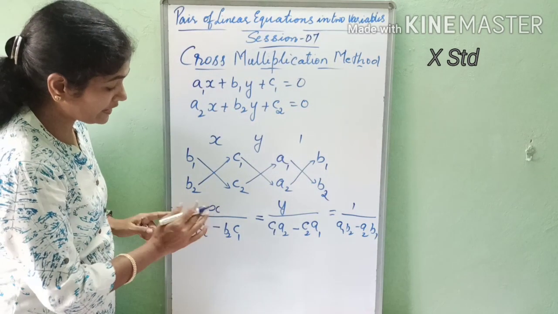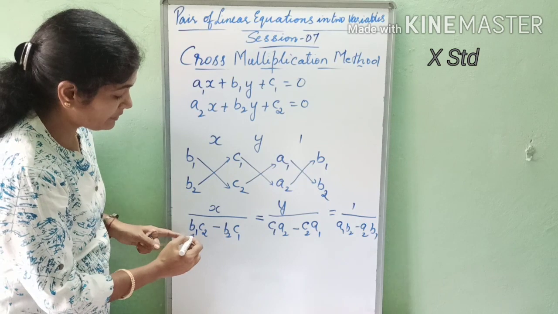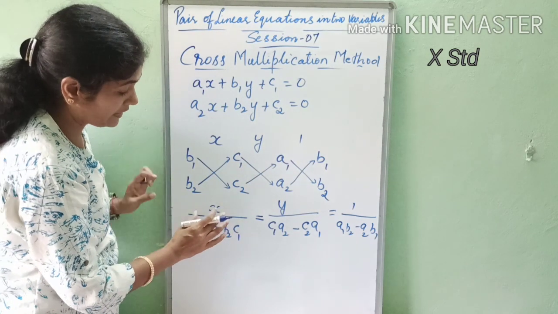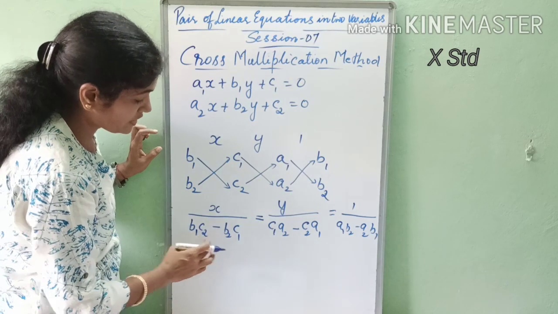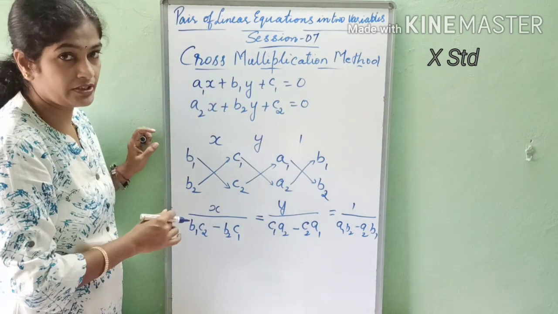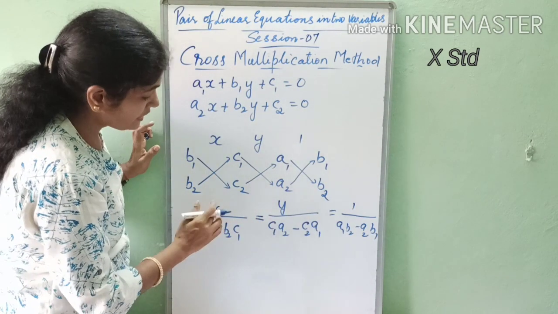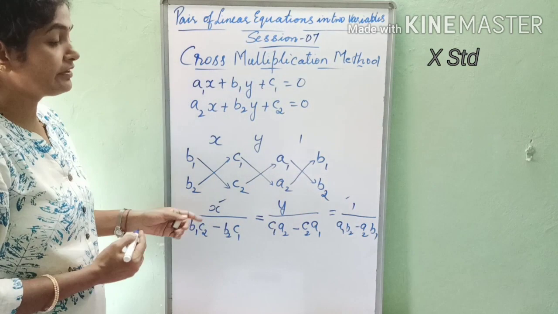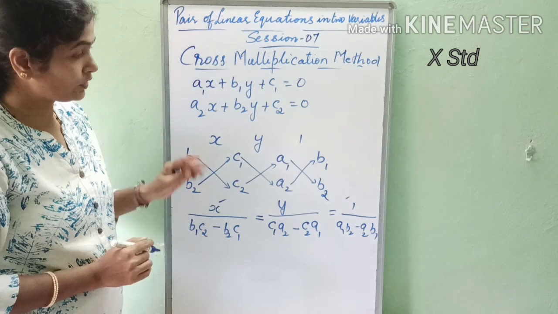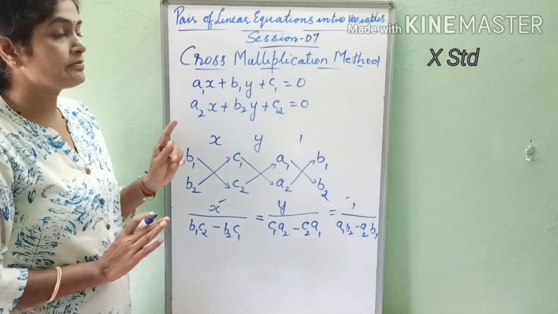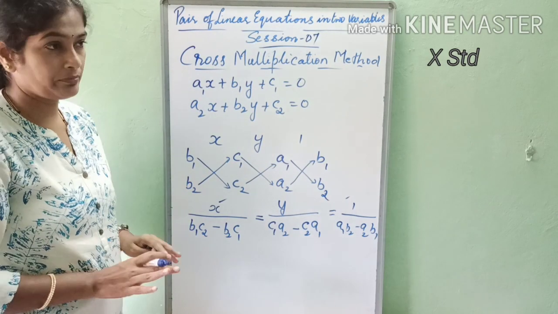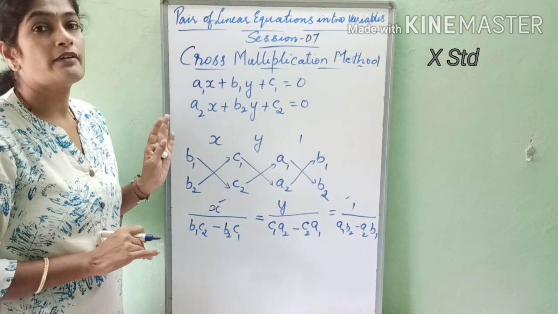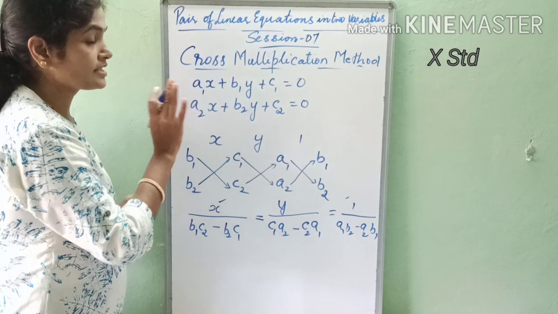So once we write like this, x divided by b1 c2, that means the respective coefficients and the constants we multiply it, then you are going to get a number as desired given in the questions. Then we can equate these and try to solve to get the values of x and y. Okay. So first thing in the cross multiplication method, what we have to keep in mind is, given the equations to you, you have to note whether they are in the standard form or not.